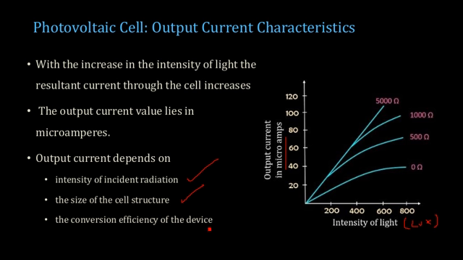The conversion efficiency also depends on the spectral content as well as the illumination. That is, how much this particular cell is able to convert from light energy to electrical energy. What is the content of different wavelengths available, red, blue, etc., wavelengths which are available in electromagnetic radiation.